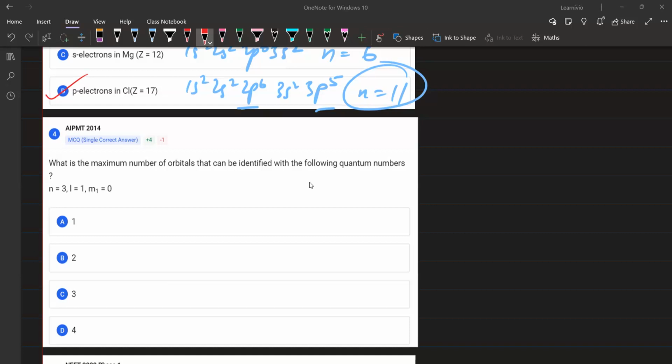See, n is equal to 3, l is equal to 1, m is equal to 0. What is the maximum number of orbitals? Here they have just constrained it to 3p, but you are at m equal to 0. That means one orbital. Maximum number of orbitals that can be identified with the following quantum numbers. m equal to 0 will be only one. You don't have any other orbital in 3p with m equal to 0. It can be in 2p, it can be in 4p, but not in 3p.